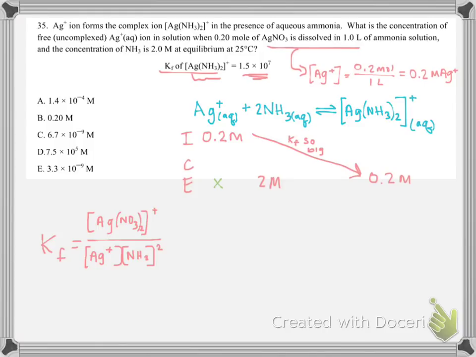Okay, so don't forget the coefficients when you set this up. And so we can plug in, and we have 0.2 molar divided by X times our ammonia concentration at 2 molar squared. And then we can set this equal to KF, which is the 1.5 times 10 to the 7th that was given.